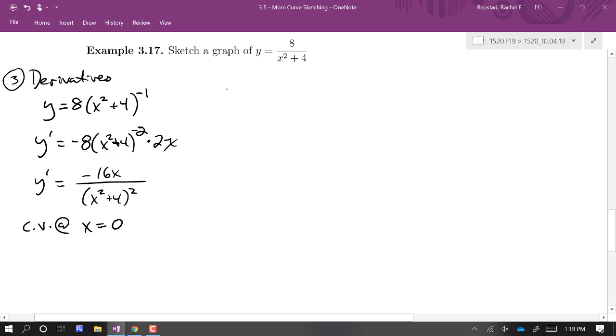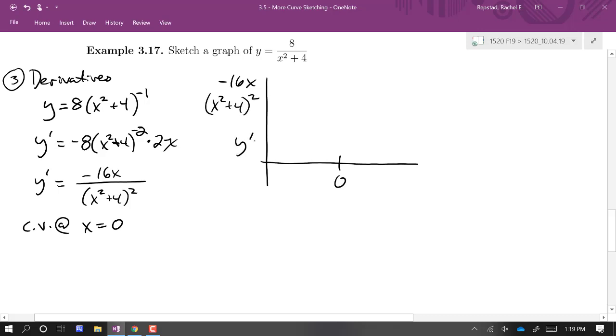This sign chart is going to be pretty simple to make. I have one point of interest at 0. I'm going to have a row for negative 16x, a row for x squared plus 4 squared, and a row for y prime.